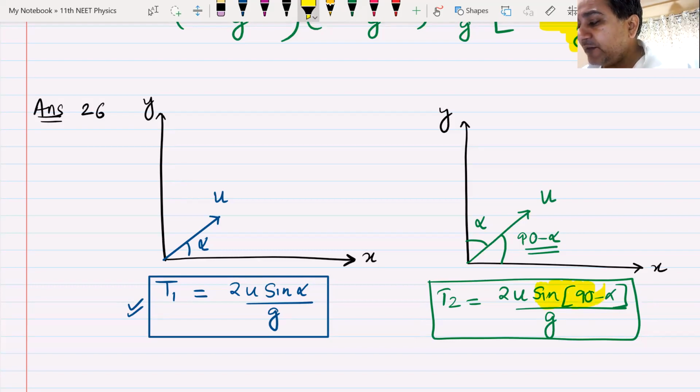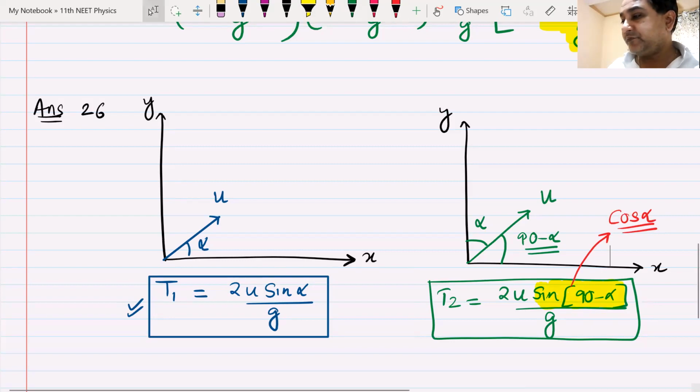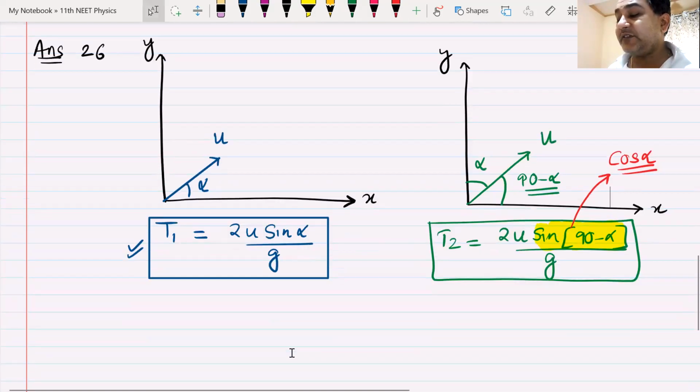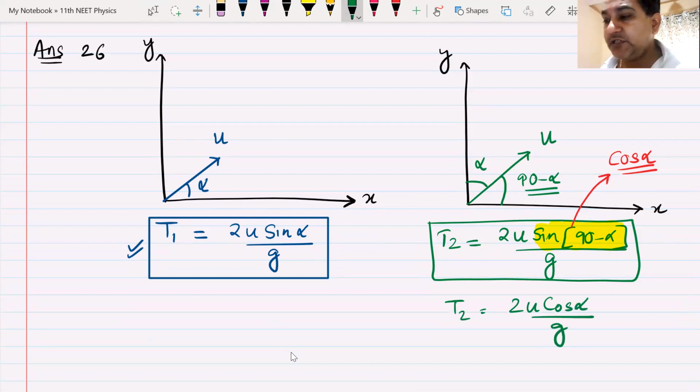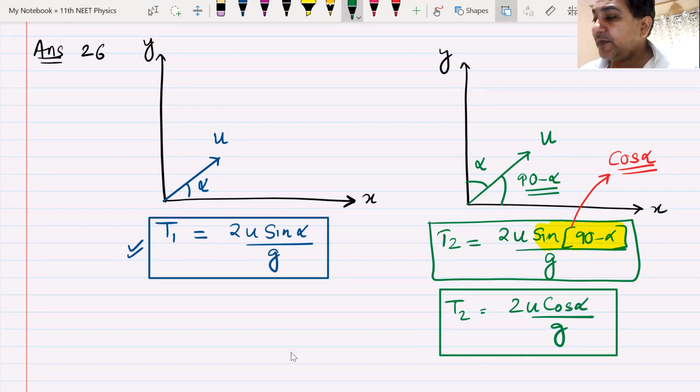We had seen this relation in our basic maths class. Sine of 90 minus alpha is how much? We also discussed it just now. Sine of 90 minus alpha is cos alpha. So your T2 becomes 2u cos alpha divided by g.